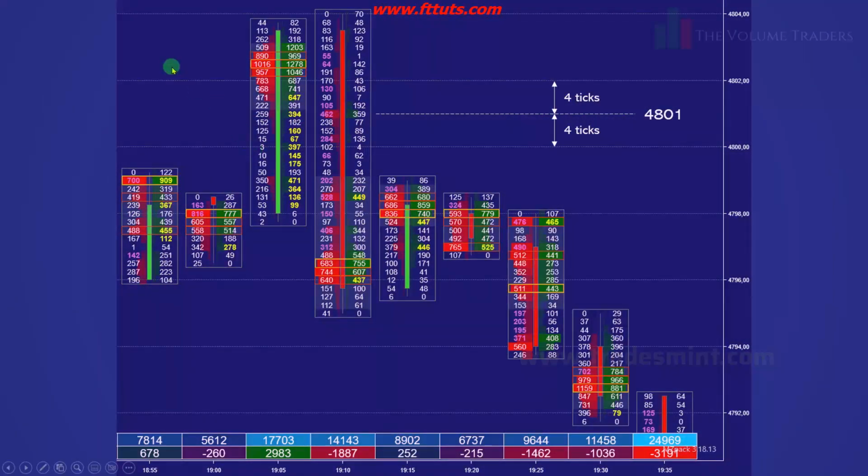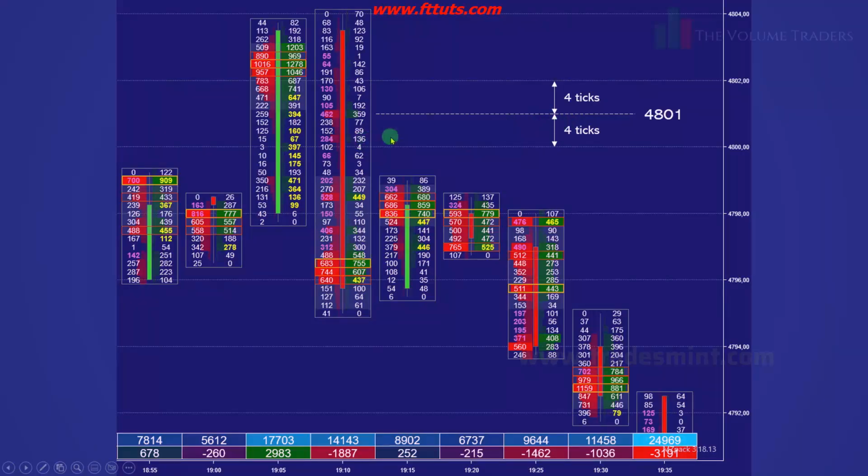This is the ES chart, S&P, and what I want to say is that for each price level and each bar, the footprint displays the quantity of market orders that were traded at each price level. And if you remember from one of the first videos, ES moves by 1 point as 4 ticks.